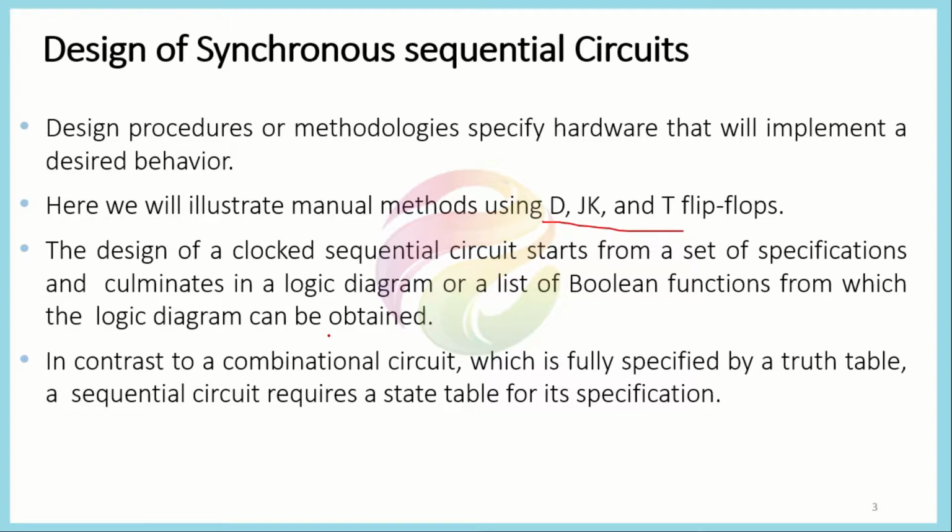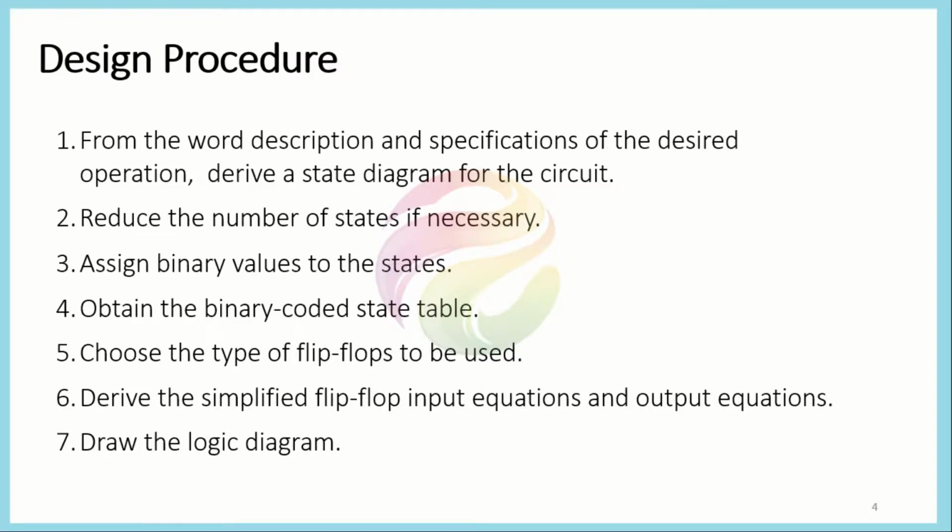But in a sequential circuit, we require a state table instead of a truth table to define its specifications. The design procedure of sequential circuits involves a few steps. We can roughly write them in the form of these seven steps.